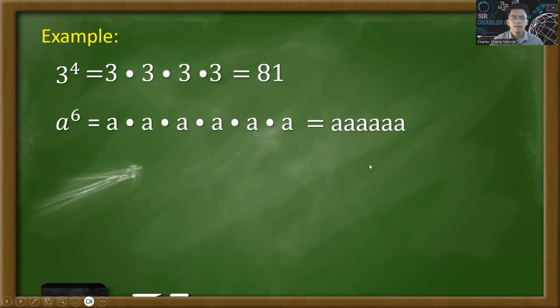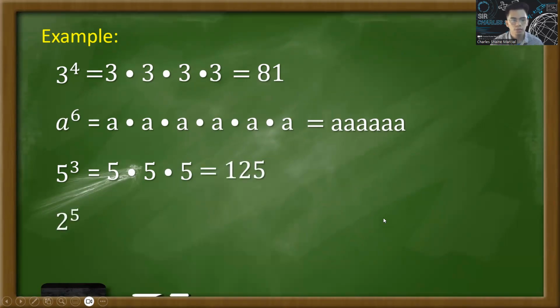Okay? Next, 5 cubed, or 5 to the power of 3, or 5 to the 3rd power. Ang gagawin natin, multiply 5 3 times. We have 5 times 5 times 5, and that is equal to 125.